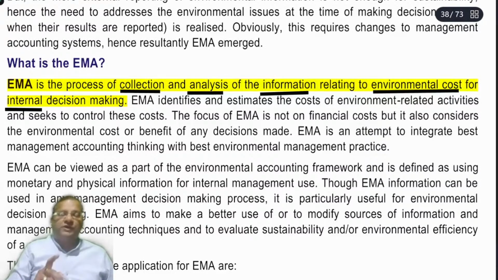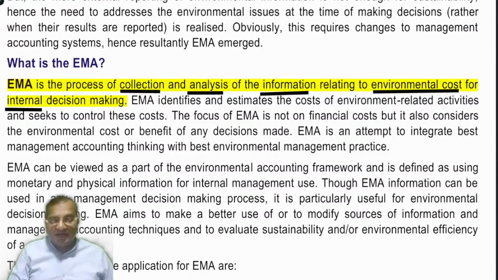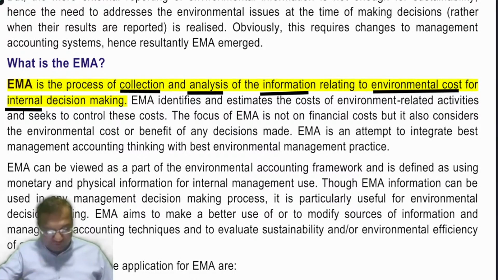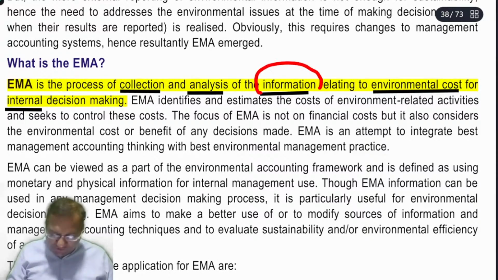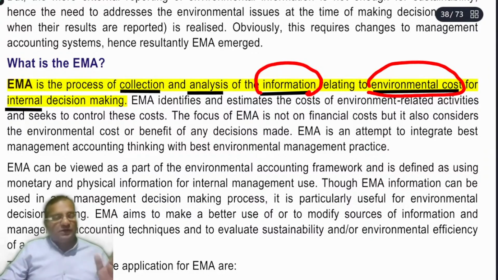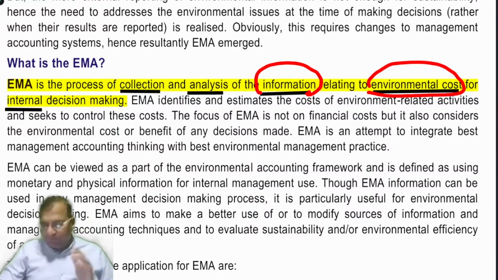Right now, since no statute has mandated the disclosure of environmental management accounting report, therefore it is used only and only for internal decision making. Now, there are two keywords in this definition part. Information related to environment, that is, what is environmental information and what do you mean by environmental cost? These are the two keywords in this particular definition.